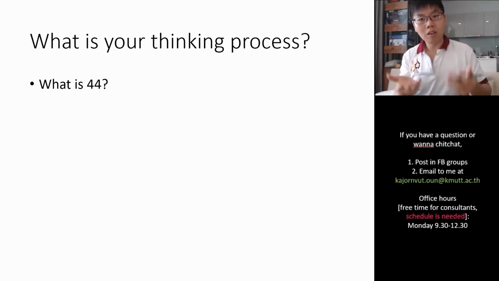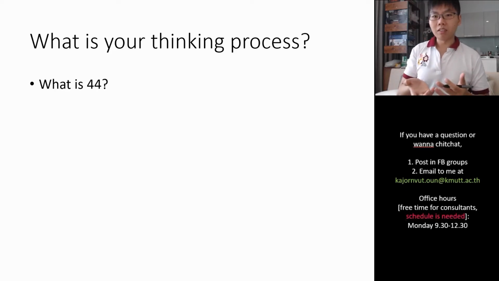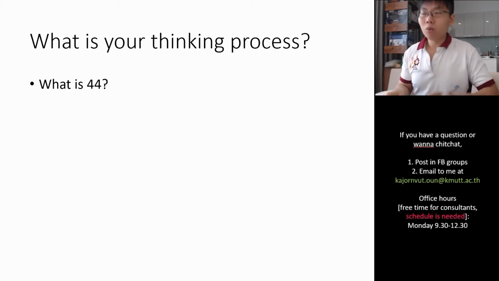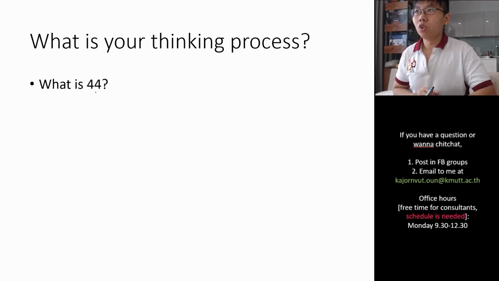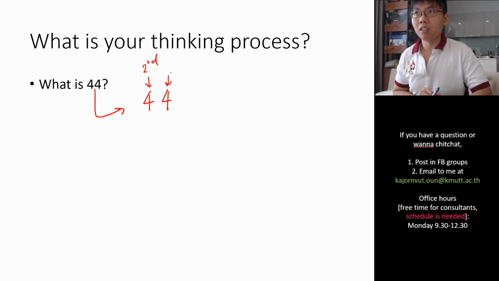But after you study mathematics, somehow when you see this number, your brain works like this. Your brain translates this number into 4 in the second digit, and then 4 in the first digit.